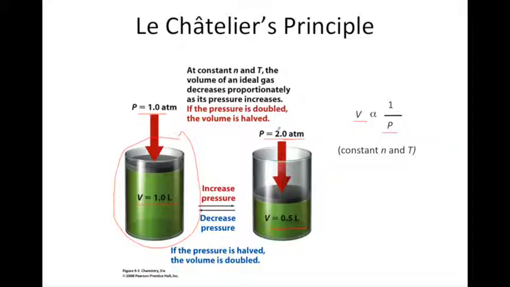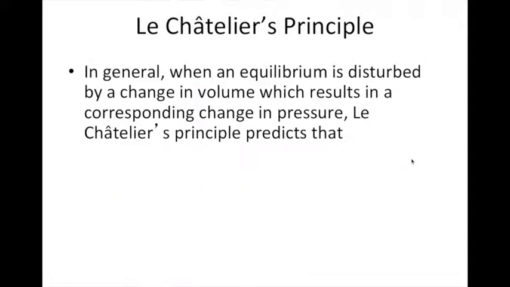An increase in pressure will decrease the volume. Or if we were to decrease the pressure, the volume would expand or go up accordingly. So through this discussion, remember this relationship. The pressure and volume are inversely related, assuming that the moles and temperature remain constant.